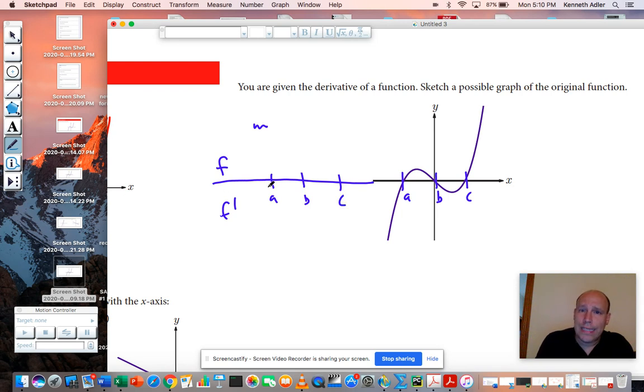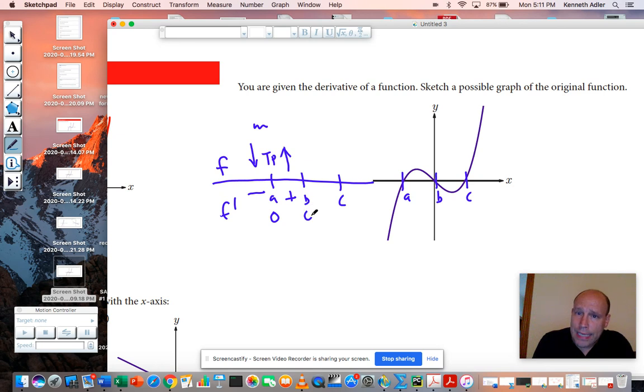From negative infinity to A, the derivative is negative, which means the function is going to be decreasing. What's going on at A? A is 0, which means this is going to be a turning point. So let's say this is decreasing, then a turning point. From A to B, this derivative is positive. It's above the x-axis. It has positive values, which means the original function was increasing.